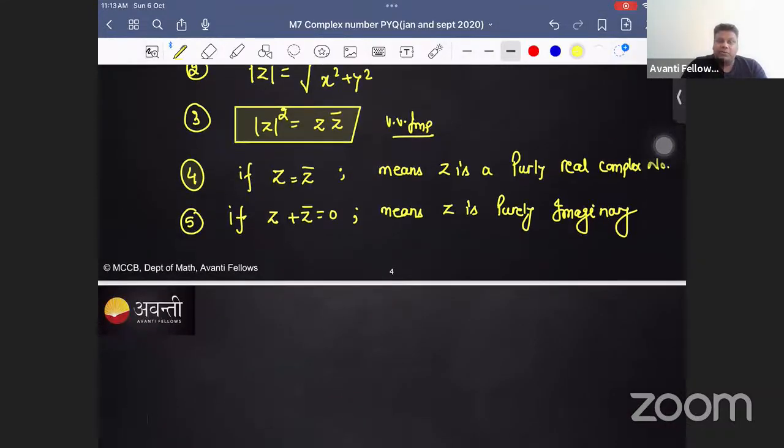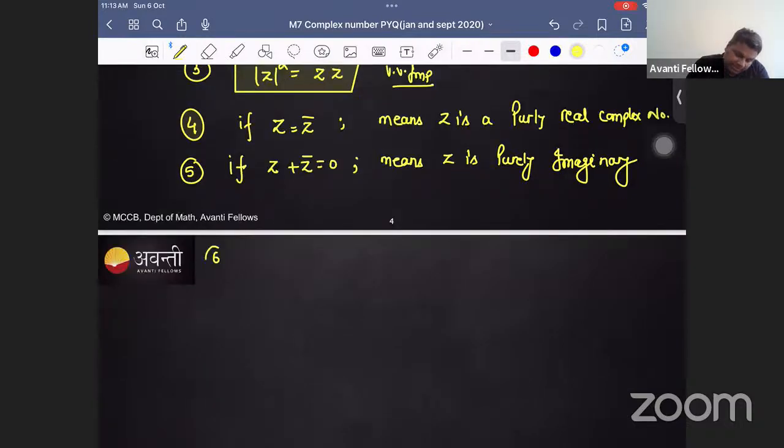So if z equals z bar, that means that complex number is purely real. If z plus z bar is 0, that means the complex number is purely imaginary. Am I correct?